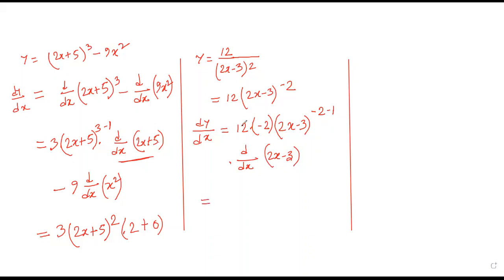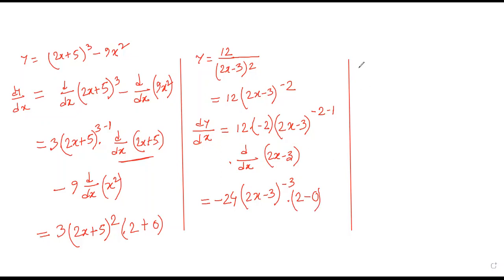So it will be 12 times minus 2, which is minus 24. Then (2x minus 3) whole to the power minus 3. And if we differentiate 2x, the differentiation of x is 1, so it will be 2. And if we differentiate minus 3, it's a constant, so it will be 0.